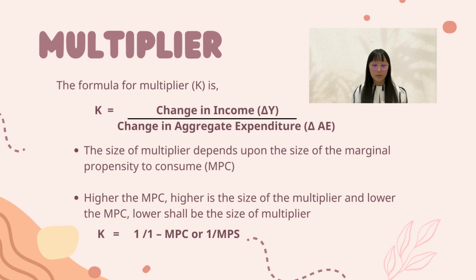The size of the multiplier depends on the size of the marginal propensity to consume, which is MPC. The higher the MPC, the higher the size of the multiplier, and the lower the MPC, the lower the size of the multiplier. The formula is 1 divided by 1 minus MPC, or 1 divided by MPS.